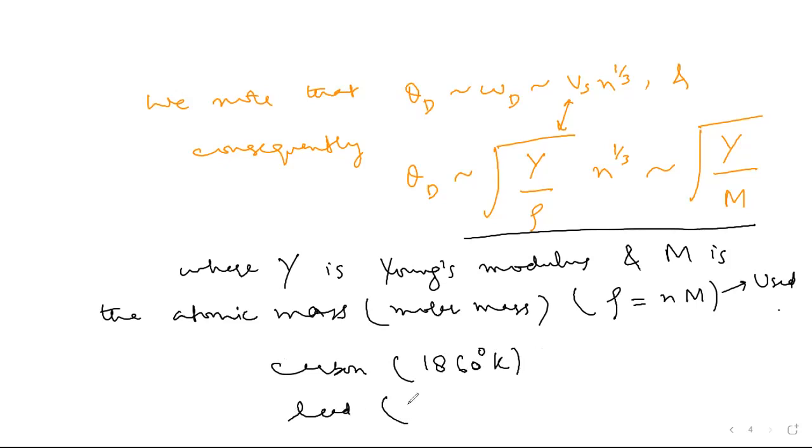For lead, theta D is 102 degrees Kelvin, which is soft and heavy. That's why theta D is low. So we obtain this information from this approximation.